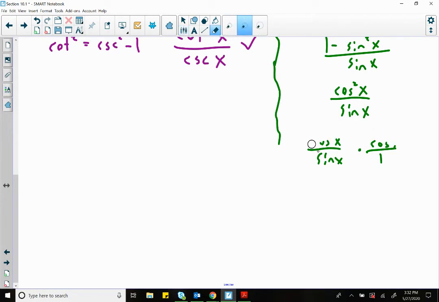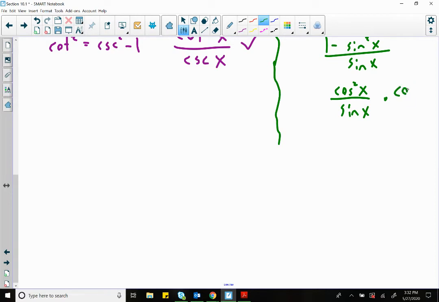We're going to separate this into 2 fractions, but before I do that, I need to multiply the top and bottom by sine squared x.